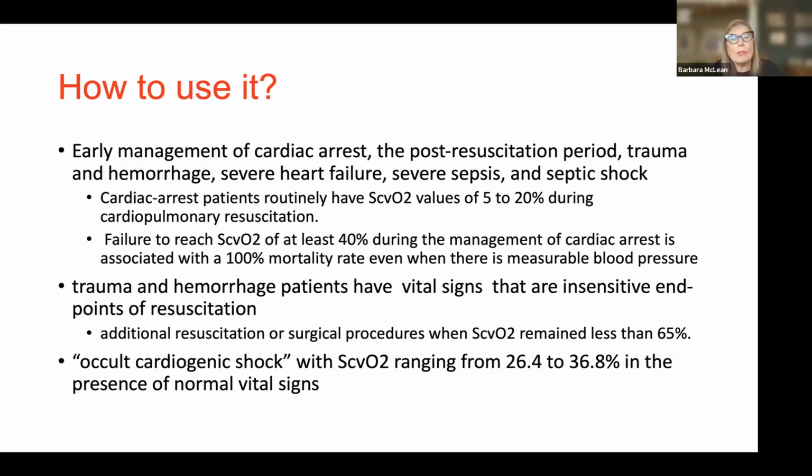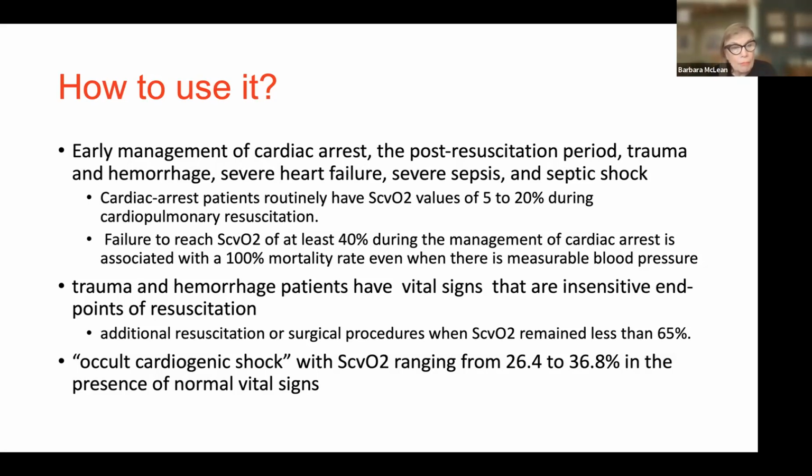For trauma and hemorrhage patients who have vital signs that might be okay, those are pretty insensitive. Additional resuscitation or surgical procedures are required when ScvO2 stays less than 65%. So you gave some volume, you think things look good, the blood pressure is okay, you've got a vasopressor on board, you're all very happy, you go on to your next patient. Meanwhile, your patient is going to die.